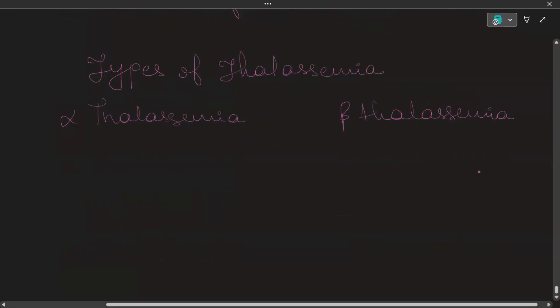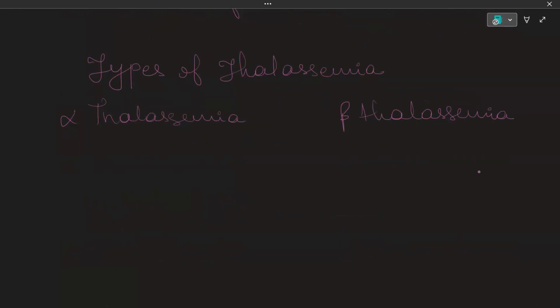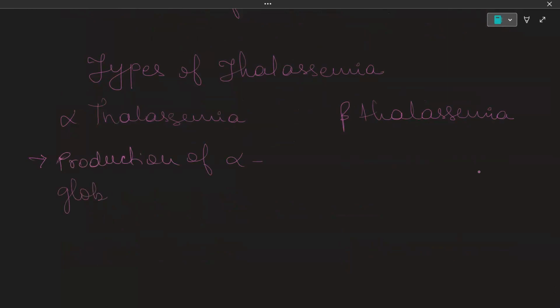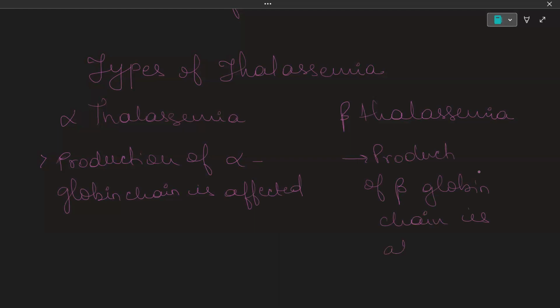What actually happens here is that production of beta globin chain is affected in the case of beta thalassemia, whereas the production of alpha globin chain is affected in the case of alpha thalassemia. So this much is clear. Any doubts?